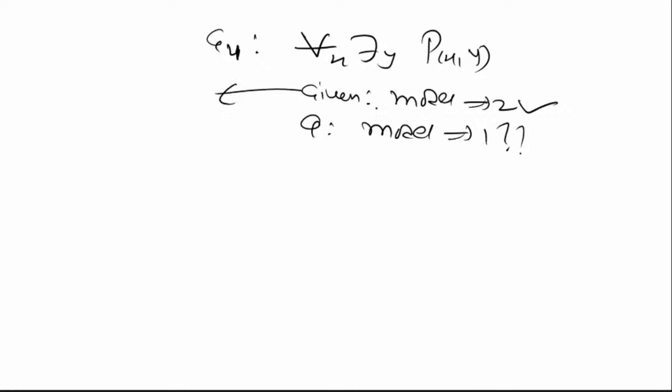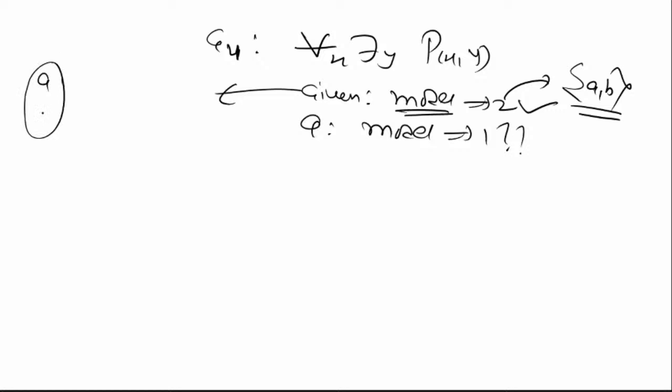So from this given information, we have a model of size 2. Let's assume that is A, B. We have 2 elements, A, B. Let's assume this is the domain. So you have A, you have B. Because this is a nested quantifier, for all x there exists y. So he's saying for all elements, there exists an element.